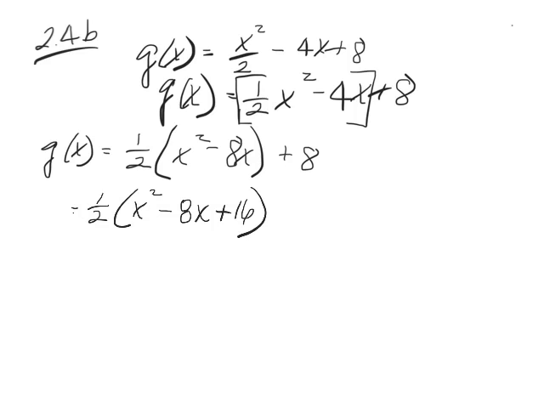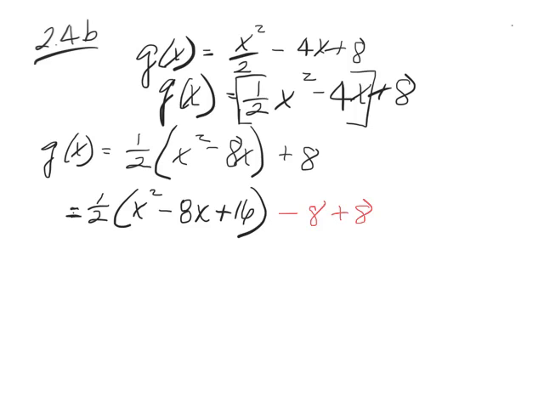Let me make that an equal sign, it kind of looks like a minus. Actually, what did I add here? I added a 16 times 1/2, so I actually added an 8. That means I'm going to have to take away an 8 and then put my positive 8 there.